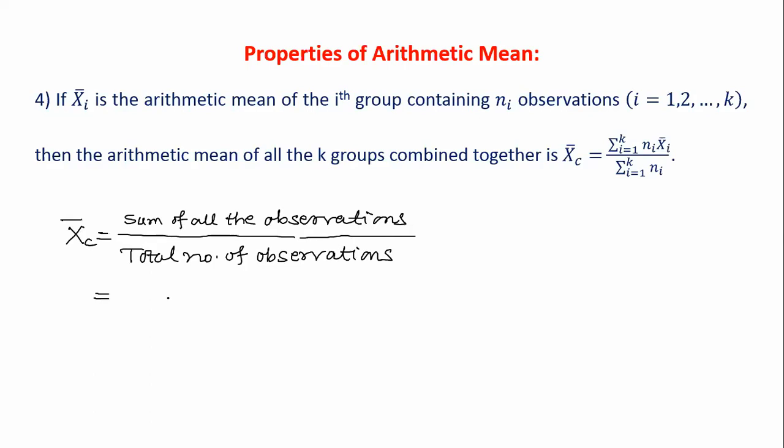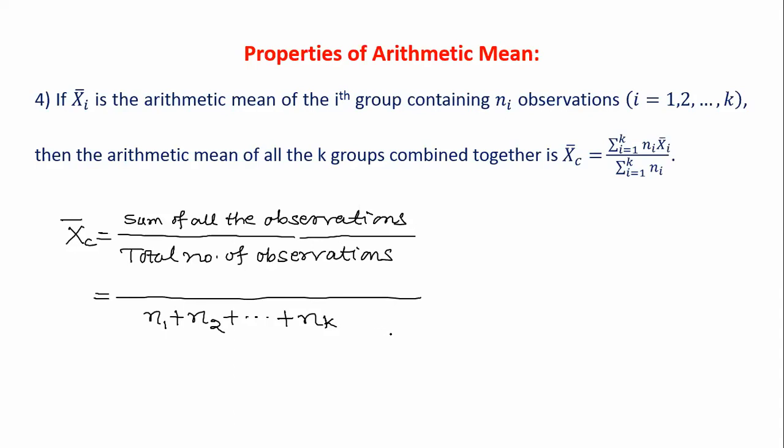So this is equal to, now see, there is a first group which contains n1 elements or observations, plus the second contains n2 and so on. Then the kth group contains nk number of observations. So total number of observations is n1 plus n2 until nk.